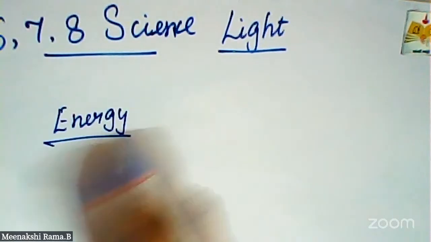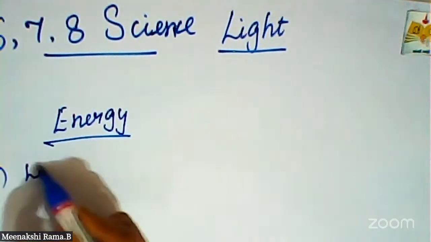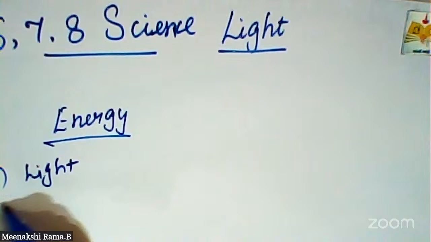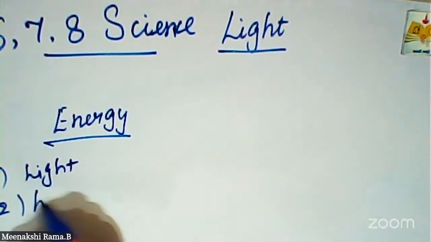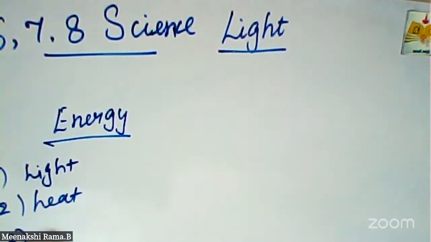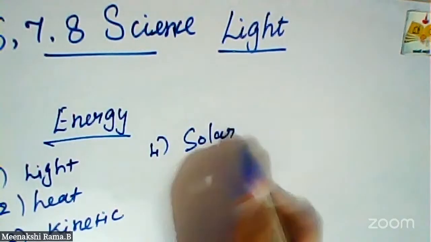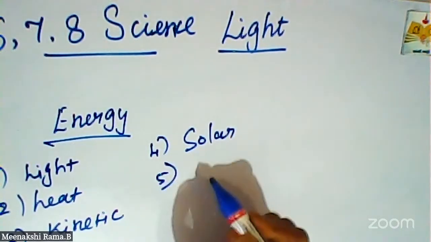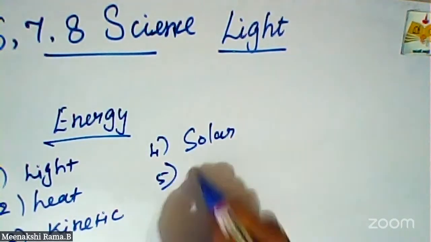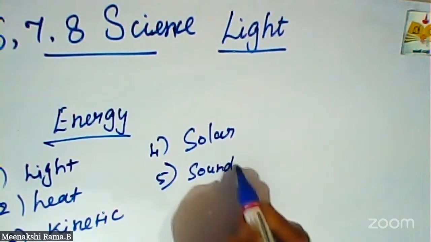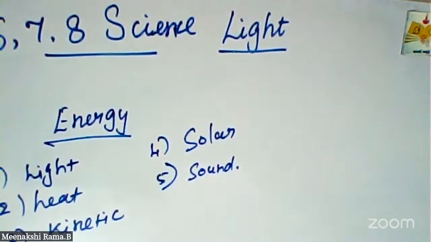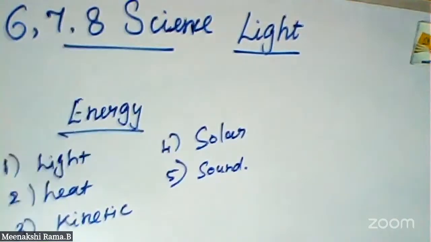What are the energies? Like light energy, heat energy, kinetic energy, solar energy, and sound energy. So these are all the energies. We are using different kinds of energies in our life.